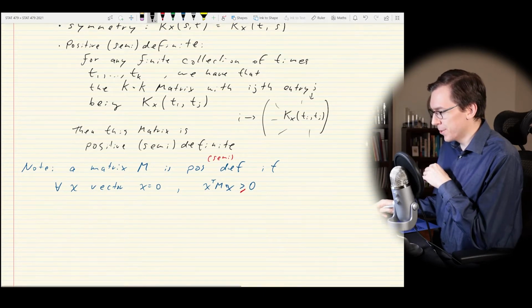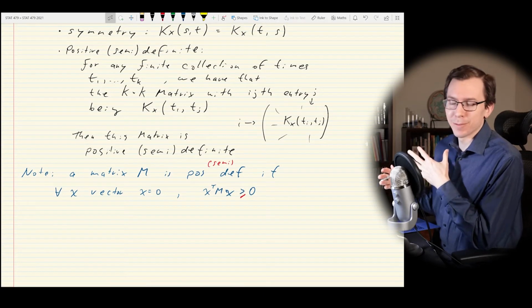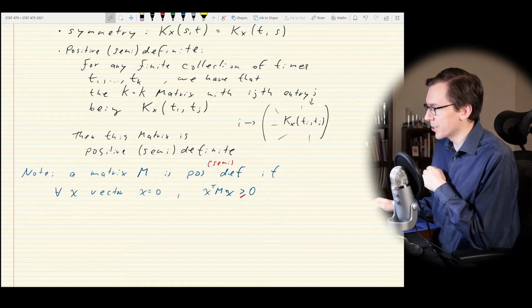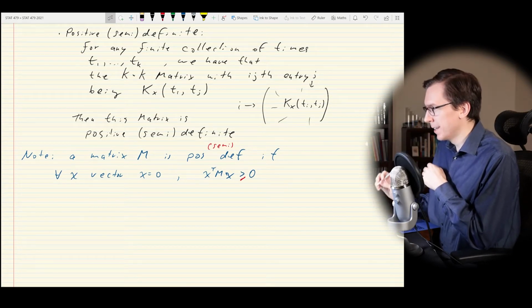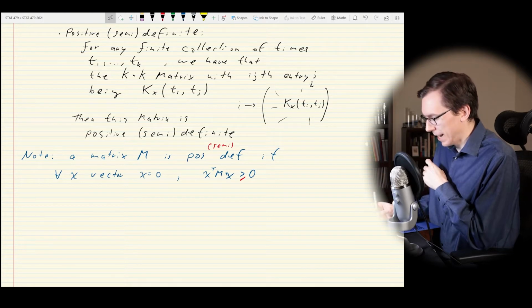Anyway, so those are some nice properties that we should remember for our autocovariance function. Now, going forward, what we also have is the idea of an autocorrelation function.